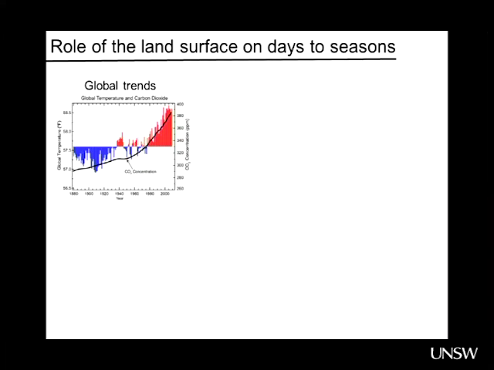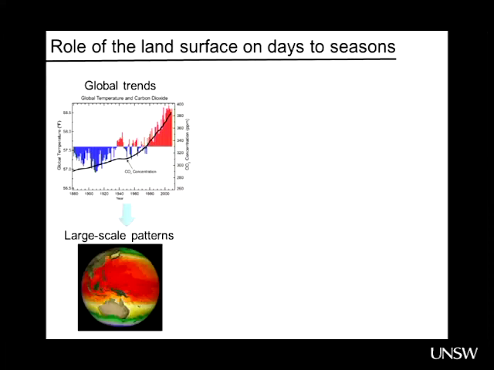So first of all, you'll be aware of something that looks like that. That is the large-scale trend in global temperature. In itself, it doesn't make much of a difference to you or I. It does, however, change the large-scale patterns of the climate. So that trend in temperature leads to some reorganizations in the large-scale patterns of the climate, like potentially changes in the El Niño, La Niña pattern or whatever.